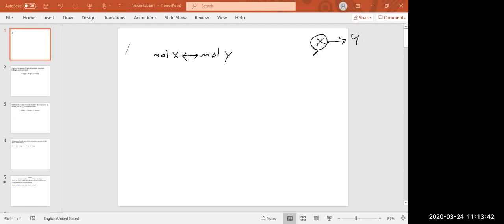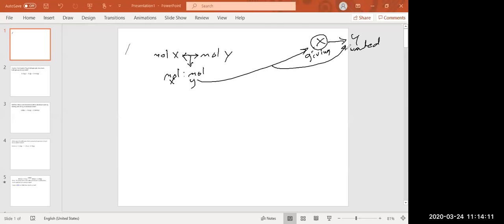X, it is the given, for example, and the Y, it is the wanted information. So here, mole X to mole Y. How we will go from mole X to mole Y? By using the mole to mole ratio between X and Y. How I will get the mole to mole ratio? It is the coefficient number of X and Y in a balanced chemical equation.